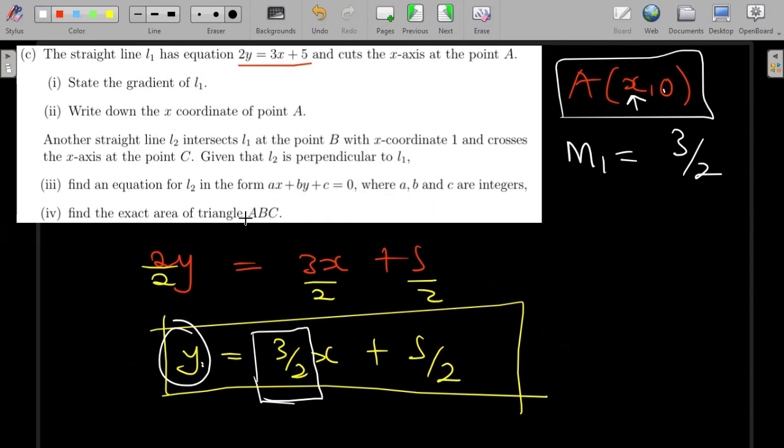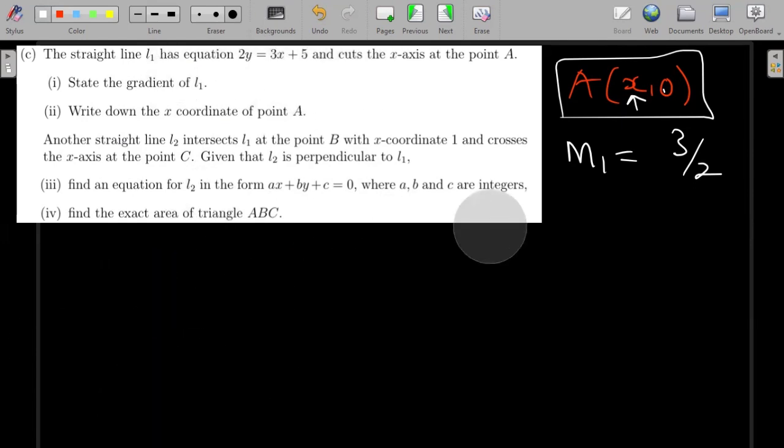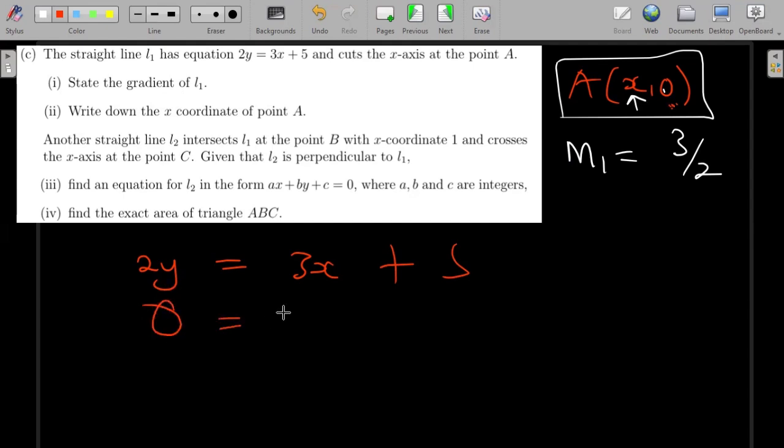Okay, maybe we can just use the original equation. Yeah, so it will be like this. The original equation is 2y is equal to 3x plus 5. So where there's y, we are putting this 0 now. So it will be 0 on this side is equal to 3x plus 5.